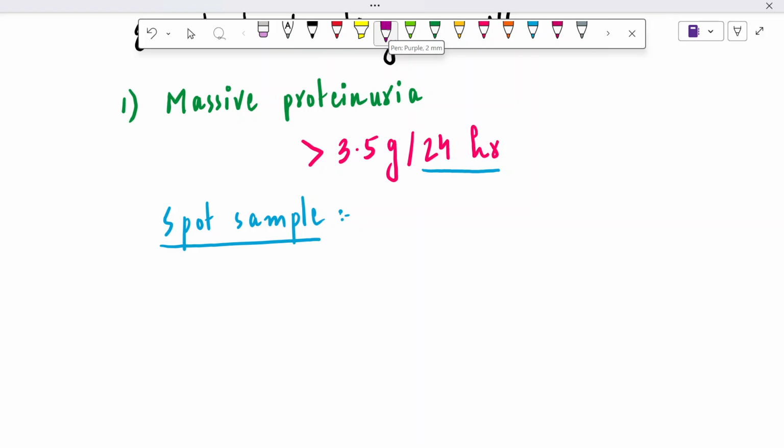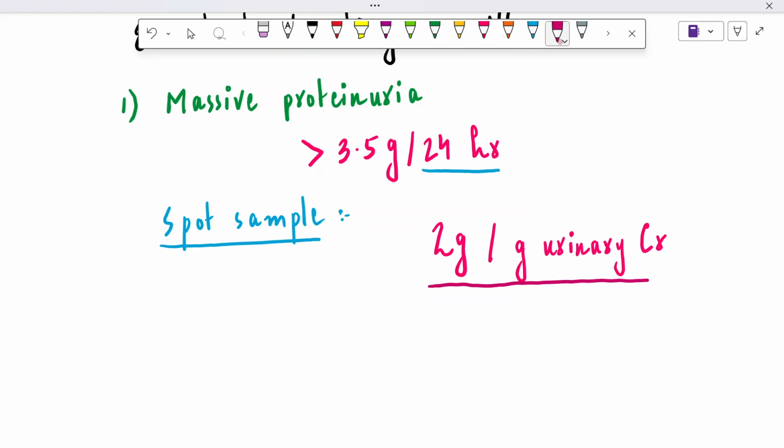So in a spot sample, if the urine protein is more than 2 grams of protein per gram of urinary creatinine, it's not serum creatinine, it's urinary creatinine. This is very important to diagnose nephrotic syndrome.